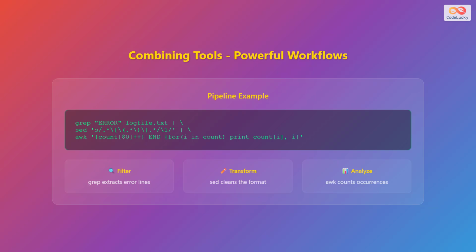First, grep extracts the error lines from logfile.txt. Then, sed cleans the format by extracting relevant information. Finally, awk analyzes and counts the occurrences of each error. These tools are used to create a complete workflow.